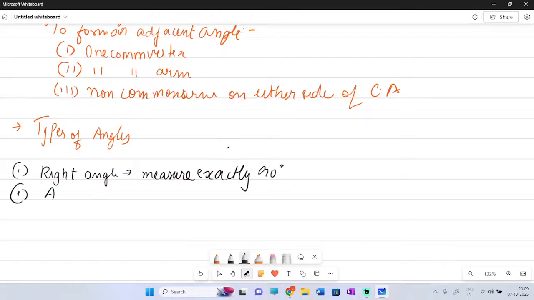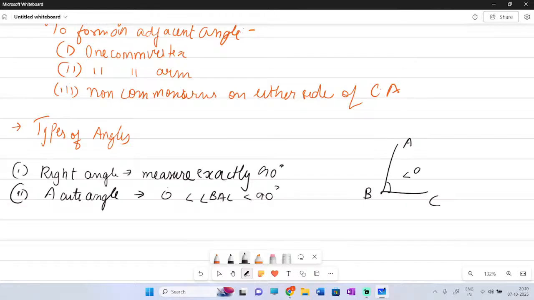Acute angle: it's between 0 and 90 degrees. So angle BAC should be below 90 degrees and not below 0 degrees. You have to draw this figure and write 0 less than angle BAC less than 90 degrees.